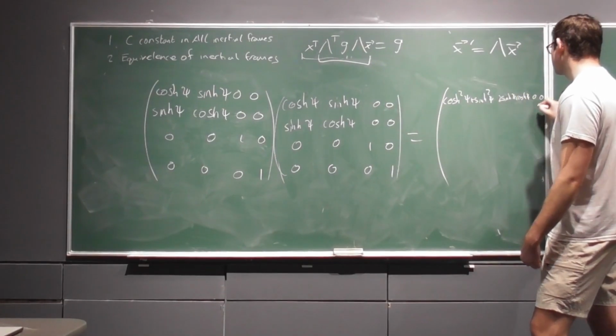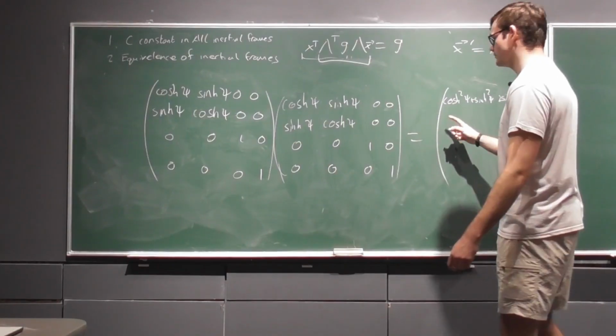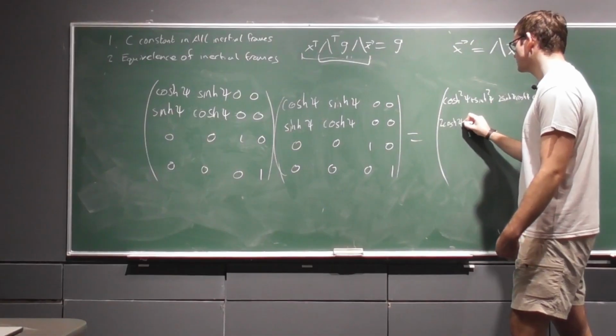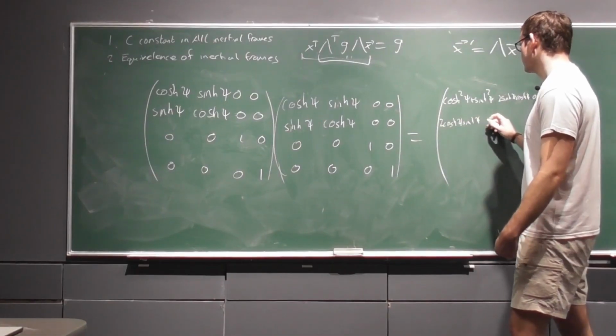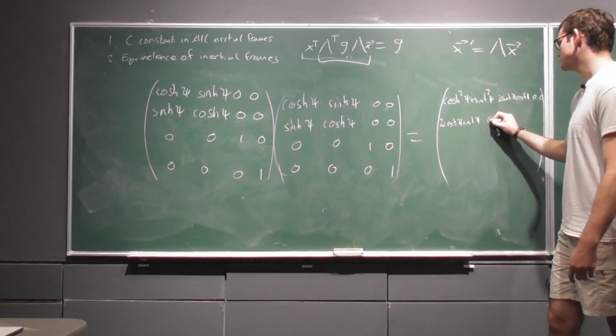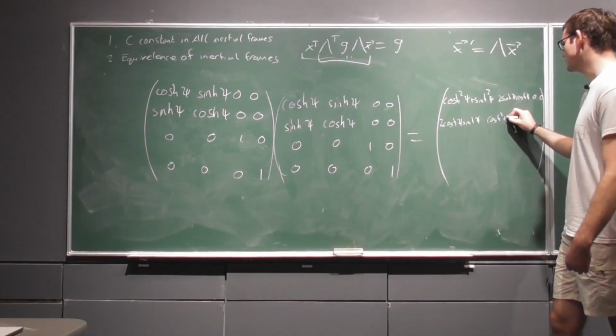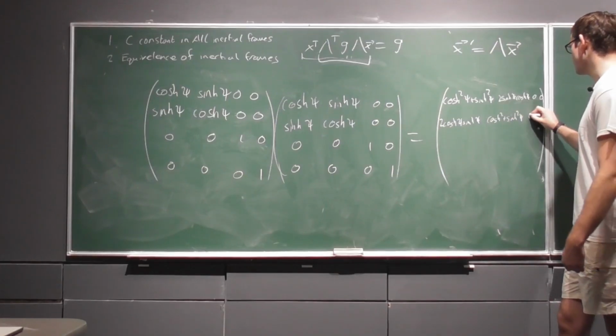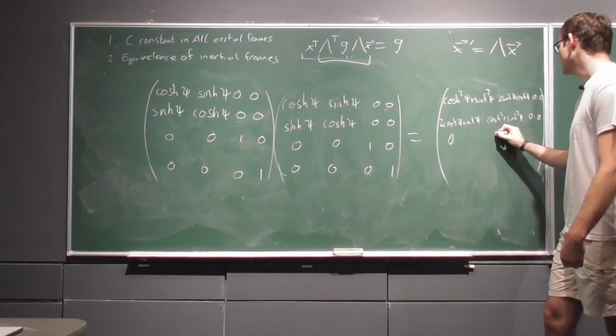The next ones are just 0 and 0. This one's going to give me the same as that one, so 2 cosh psi sinh psi. This one's going to give me the same as the diagonal, so again cosh squared plus sinh squared psi, and the rest are zeros, so ones on the diagonal.